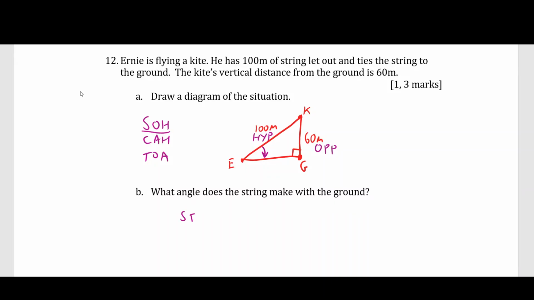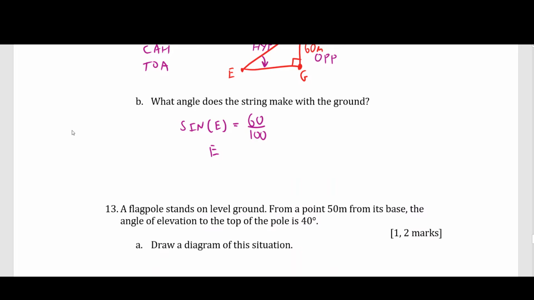Okay, so sine of E is equal to 60 over 100. E equals the sine to the -1 of 60 divided by 100. E equals 36.87 degrees.